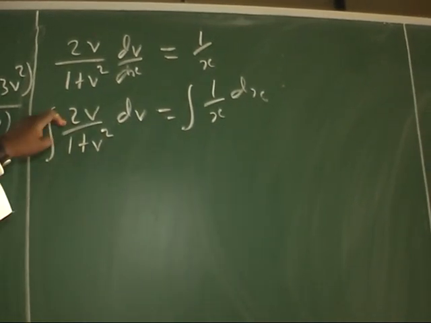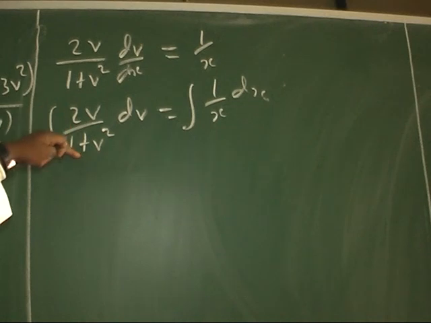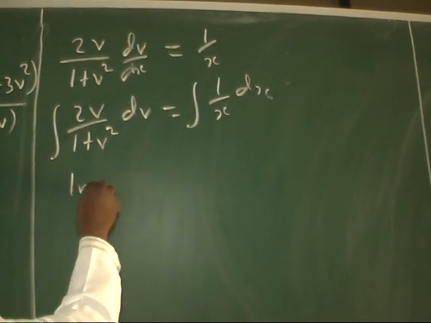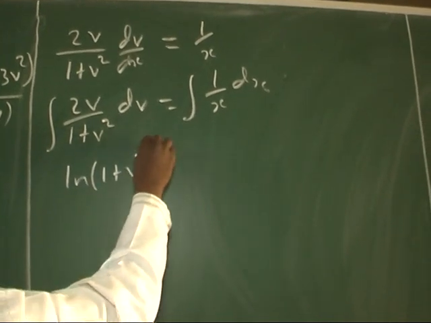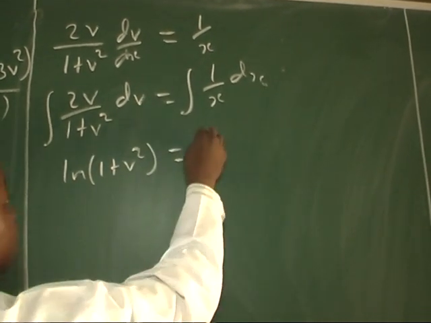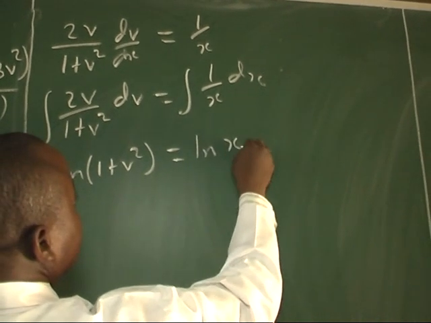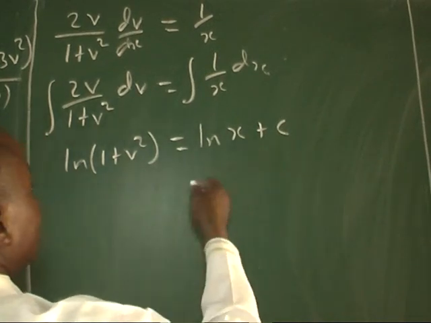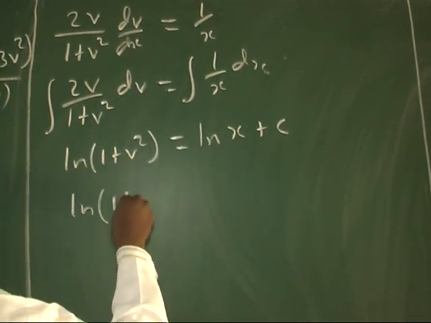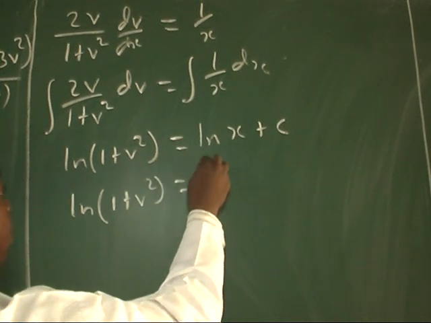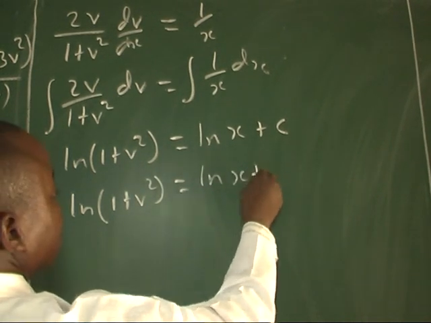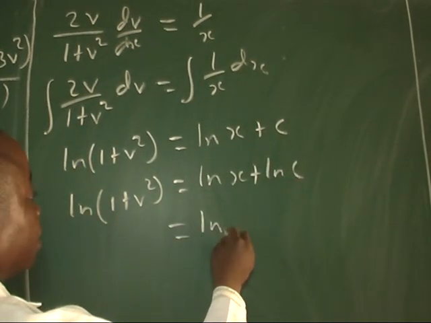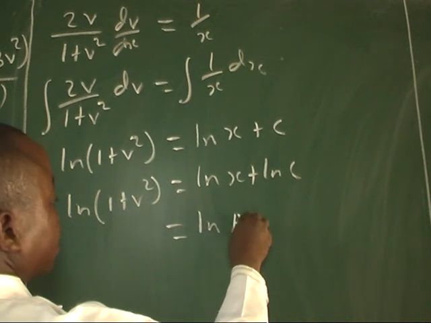So, we know that this is the derivative of the denominator. So, as we know, we have ln(1 plus v squared) will be equal to ln x plus c.